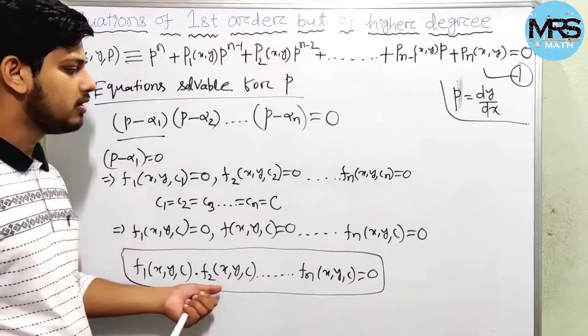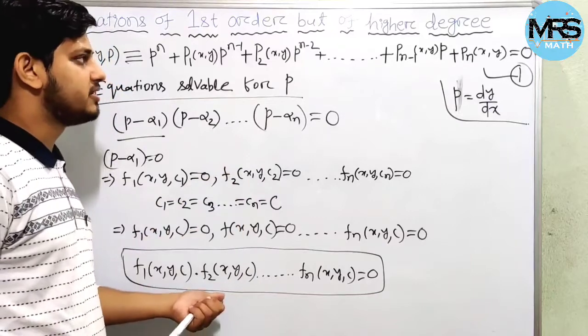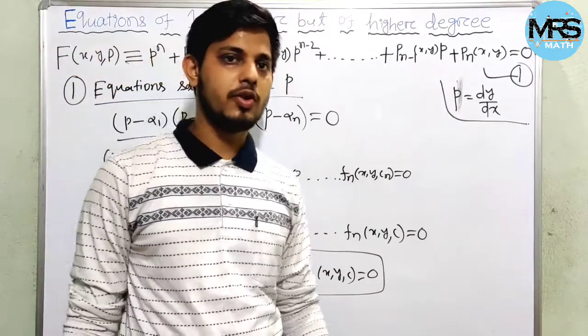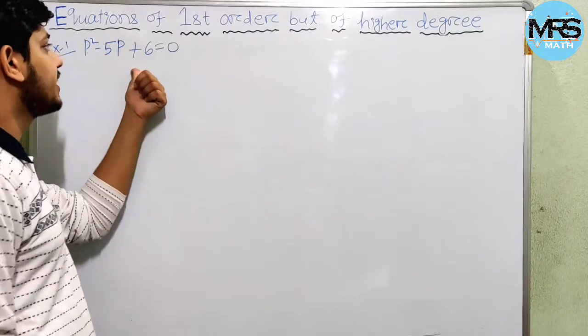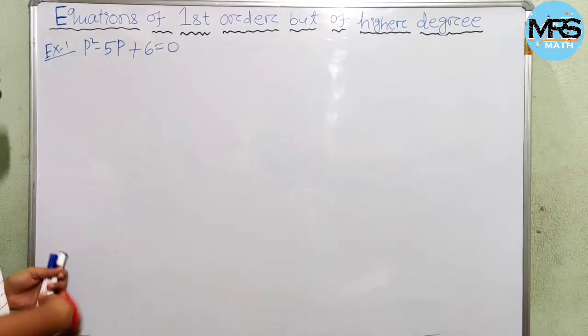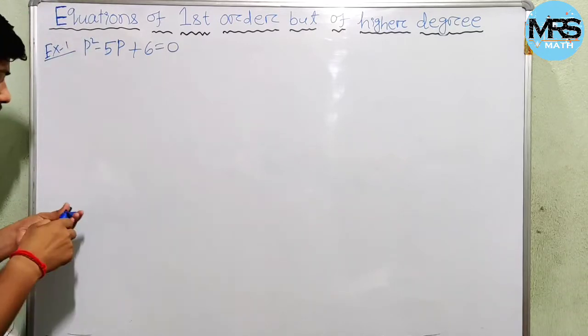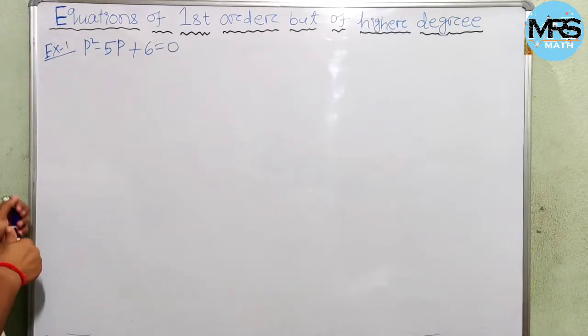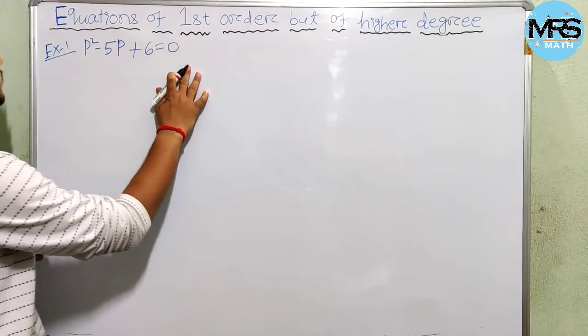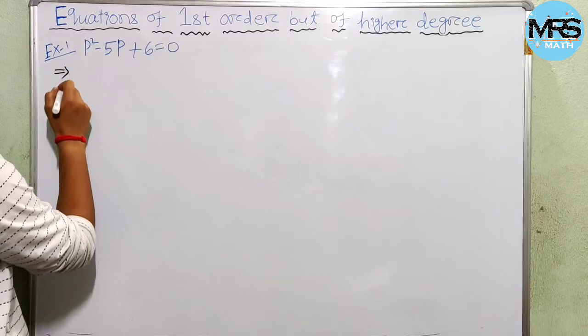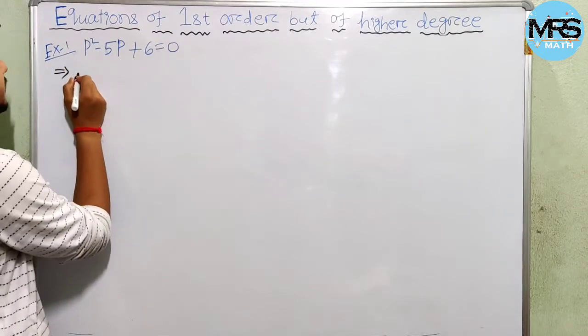Now we will demonstrate this method by taking examples. Here I have taken a very simple example to demonstrate a solution which is solvable for p. This is the given differential equation, which we can factorize in terms of p.